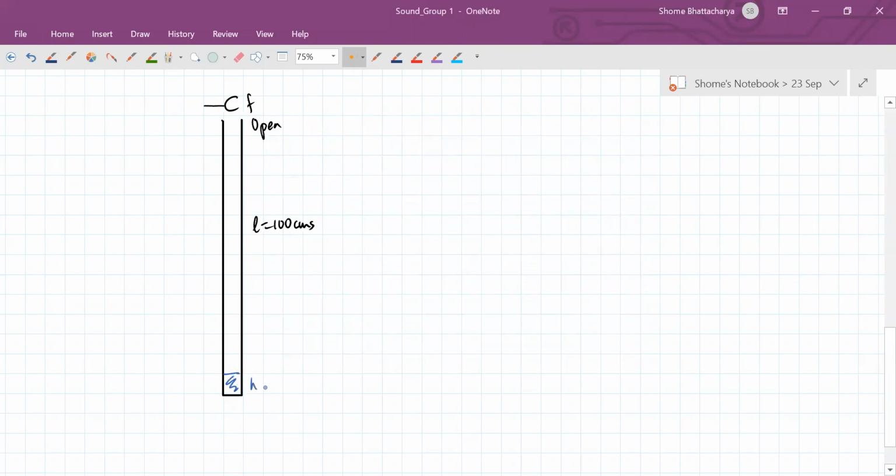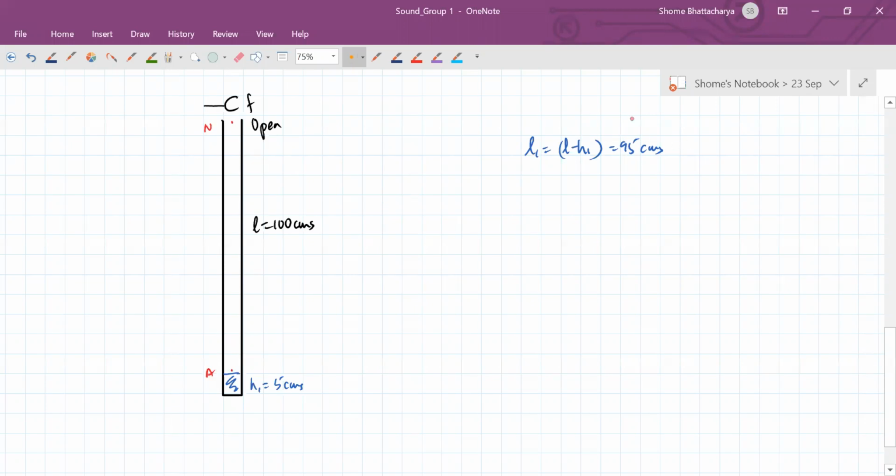So when h1 is 5 centimeters, the length of the resonating column will be L minus h1, so that is 95 centimeters. Okay. Now as this resonates, we had to neglect end correction, so this will be a pressure node and this will be a pressure antinode.